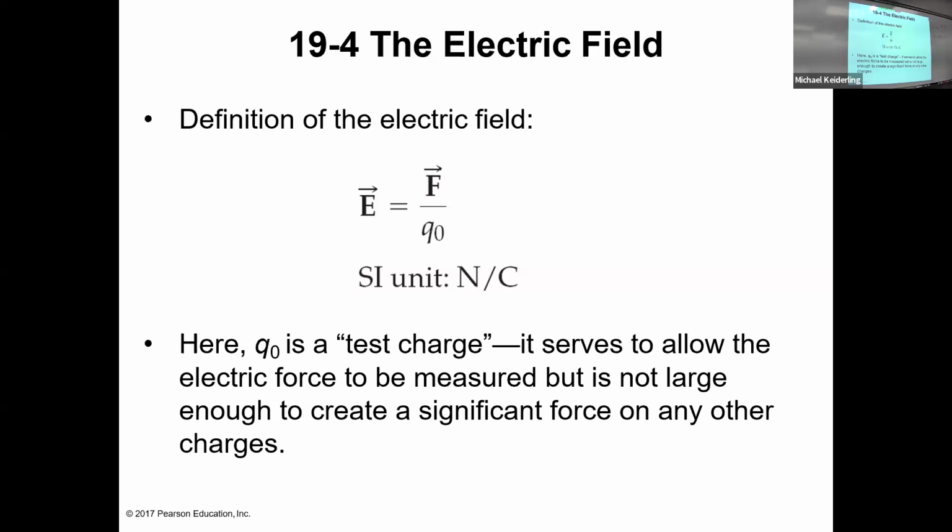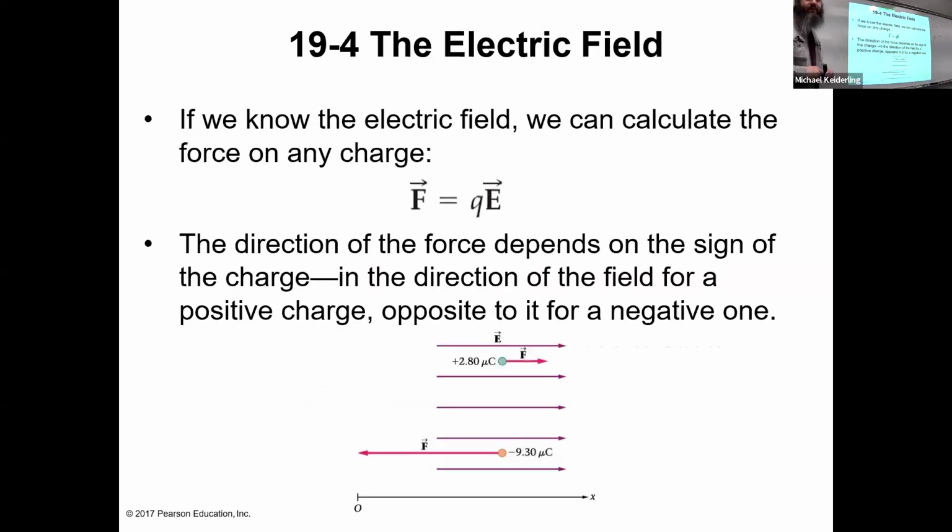And the electric field from a point charge is fairly straightforward. So if we know the electric field, the force on any object is just the charge of that object times the electric field it's in.